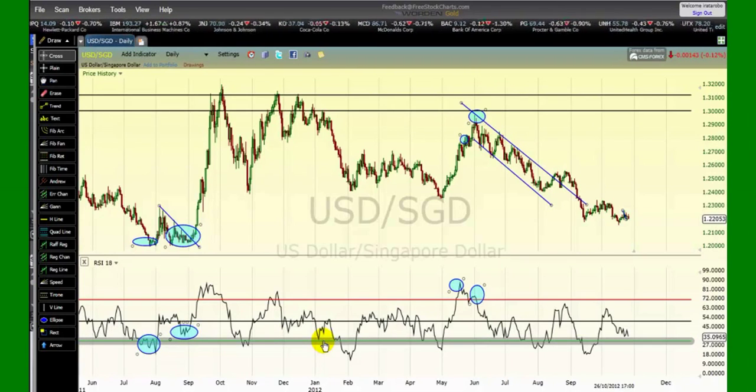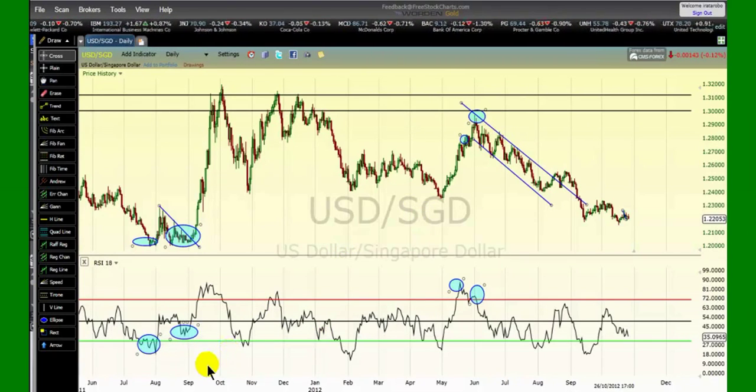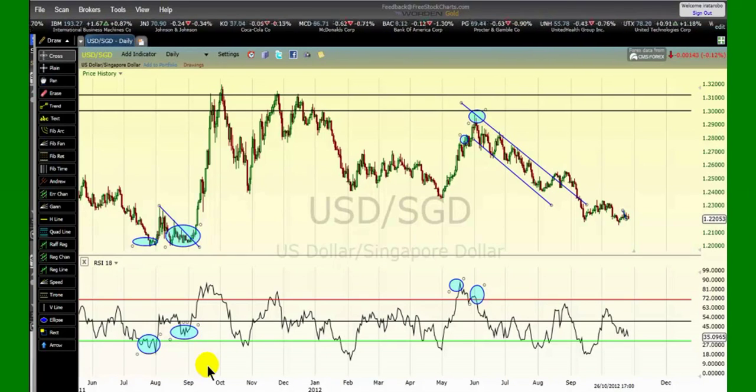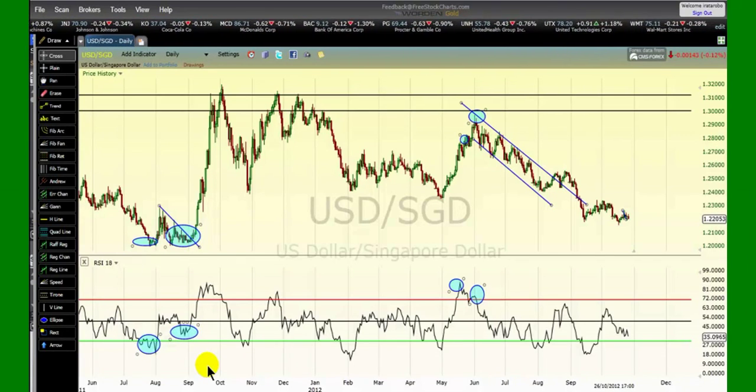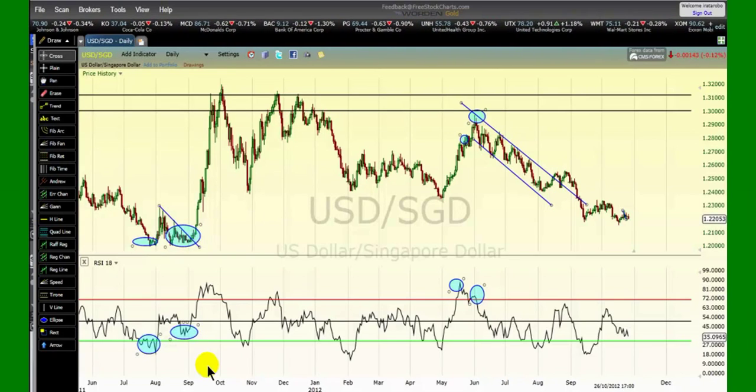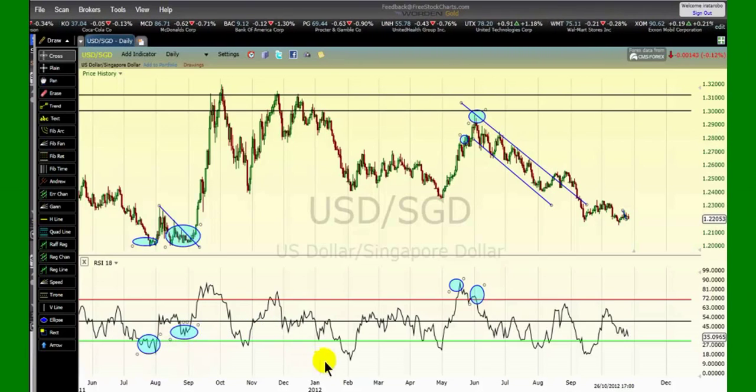But for traders that are using the Elliott wave theory, we know that false divergence takes place in the first wave sometimes, and also in the third wave. Because as the first wave has moved very bullishly out of the congestion zone, sometimes you will see the indicator is distorted.